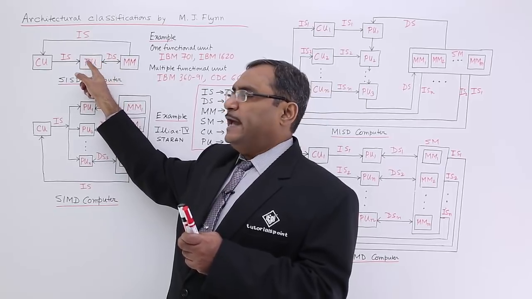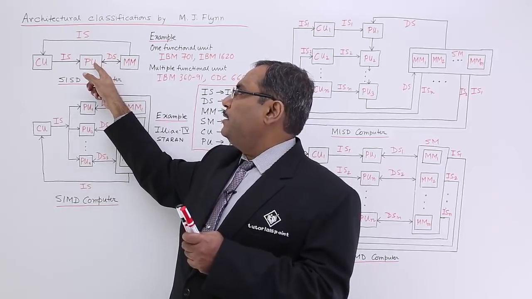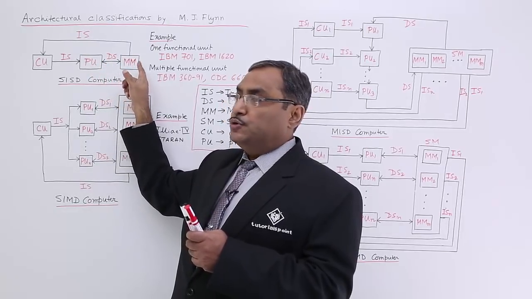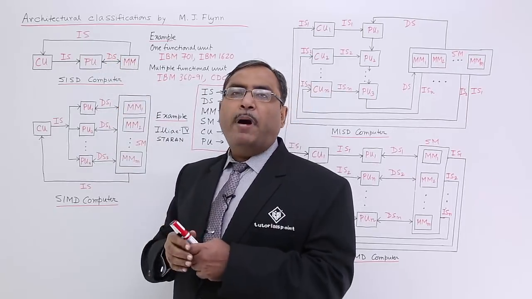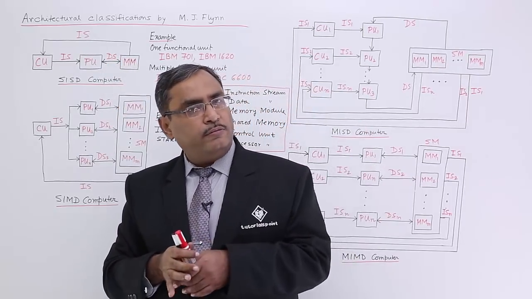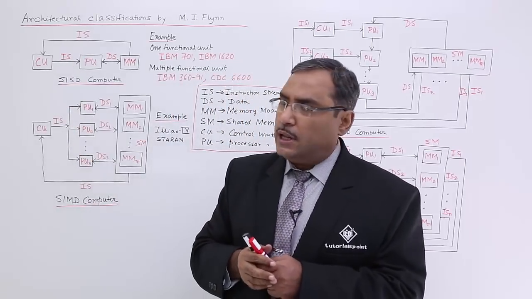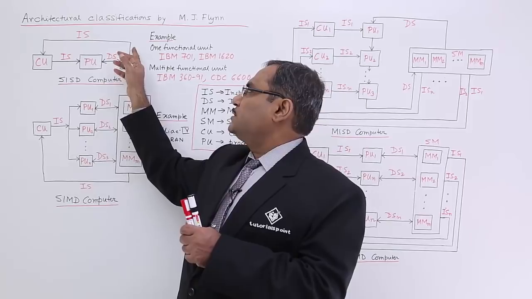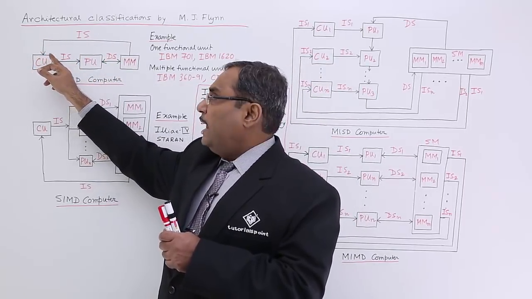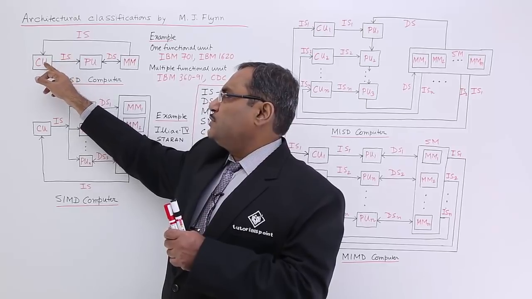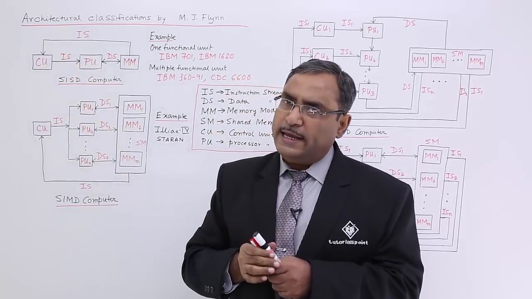After it gets executed, a result will be produced and that result will be written back onto the main memory. That is why the data stream line is bidirectional in all four diagrams, and the instruction stream is unidirectional, because only the instruction will be read from the memory to the CU, and then the processed version of this instruction will be made available to the PU for execution.